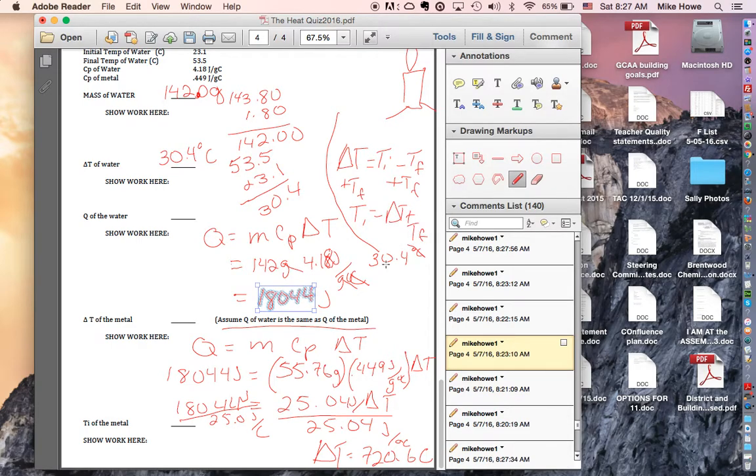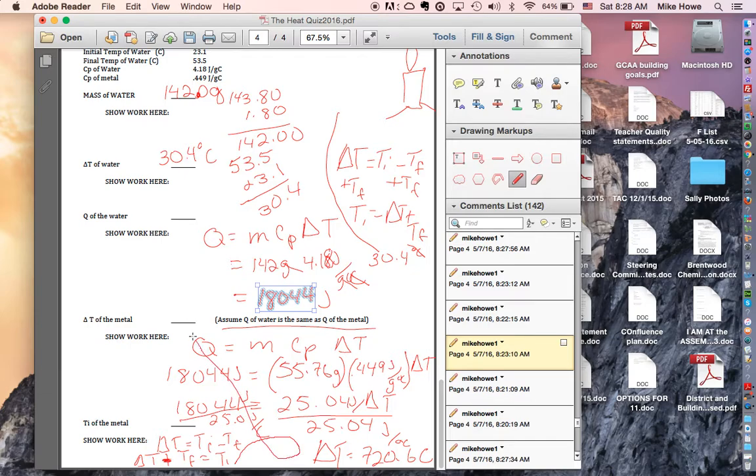So now if we go down to the bottom and show that, we know that delta T equals Ti minus Tf, or delta T plus Tf equals Ti.